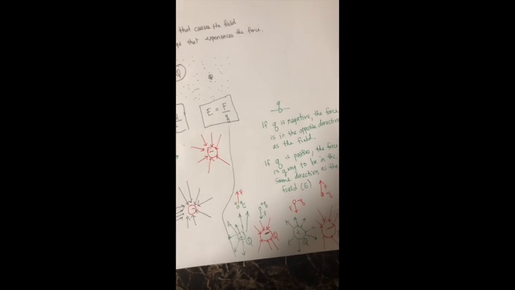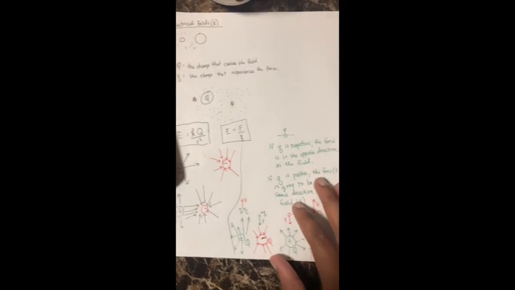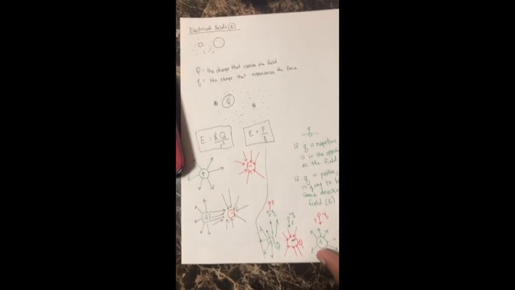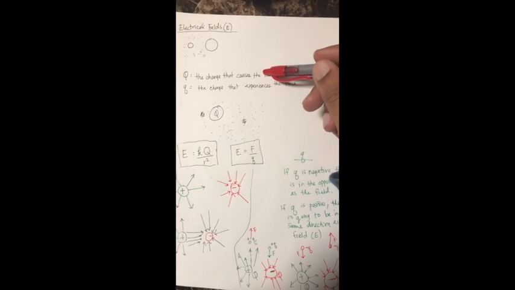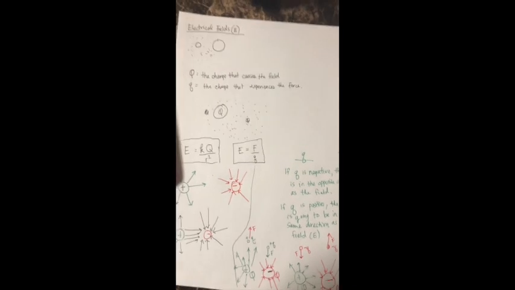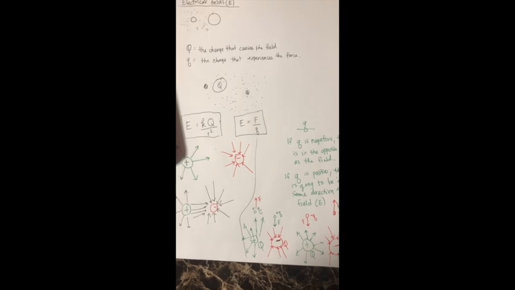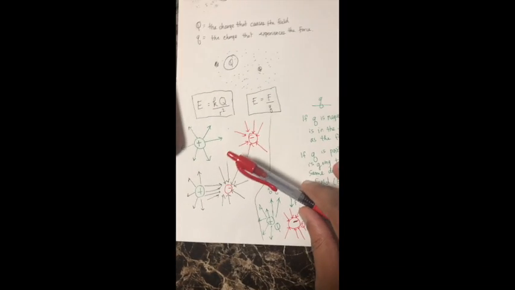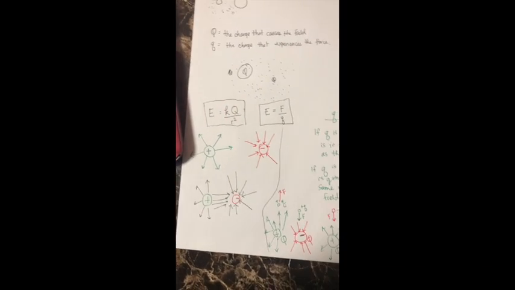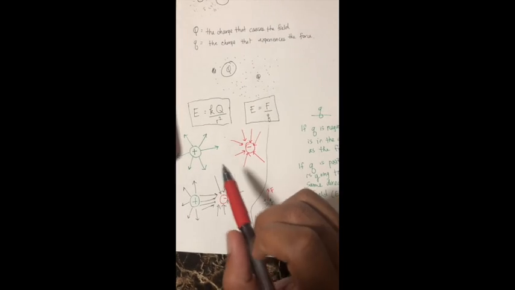I'm going to go over this tomorrow in class too to help you guys get started. But as a recap, we have big Q and little q. Big Q is the charge that causes the field. Little q is the charge that experiences that force. And then we have these 2 equations, and I'm going to go over examples using these 2 equations too.